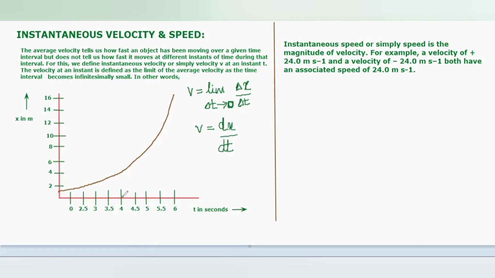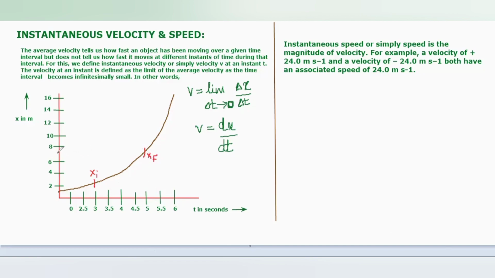Here, if you calculate the slope of this curve in this x-t graph, that will give the average velocity for any time interval. For example, I'm going to take the first position, when t equal to 3, that is the initial position. At t equal to 5, what is the position? That is the final position.